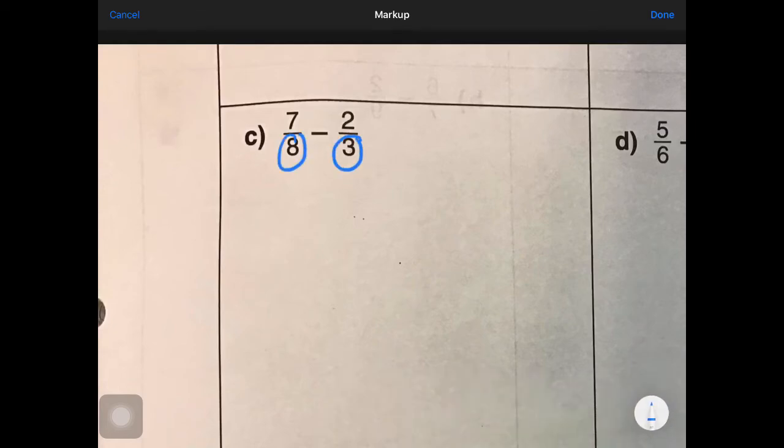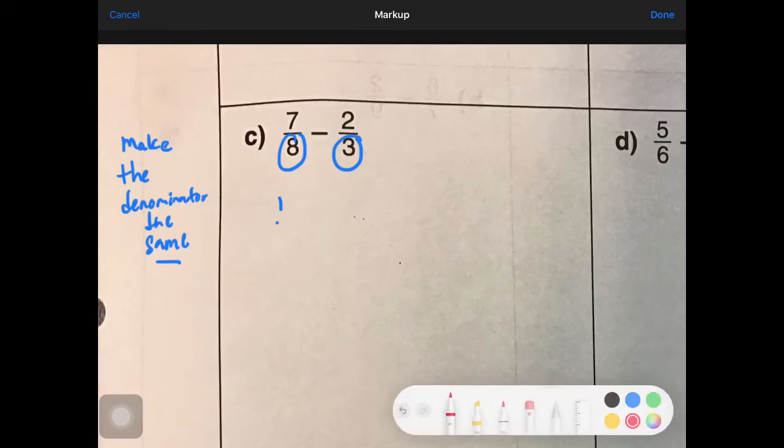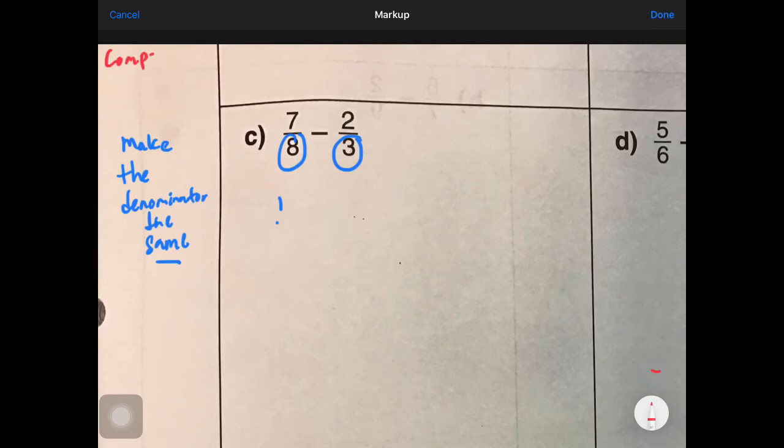So what do you need to do? You need to make the denominators the same. You need to do that for comparing fractions, addition, and subtraction of fractions.